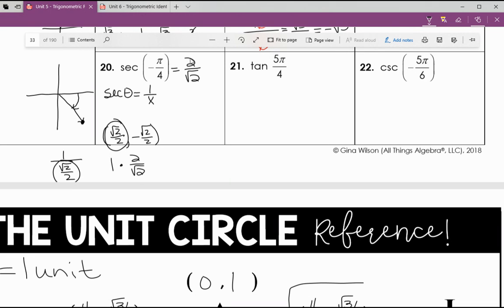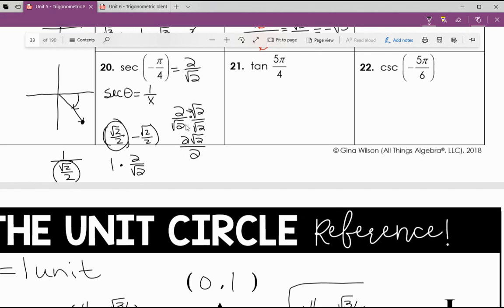Now, we're not done because we have a square root of 2 in the bottom. Do you remember how to tackle that square root of 2? Multiply top and bottom by square root of 2 over square root of 2. Across the top, that gives me 2 square roots of 2. On the bottom, that gives me a 2.